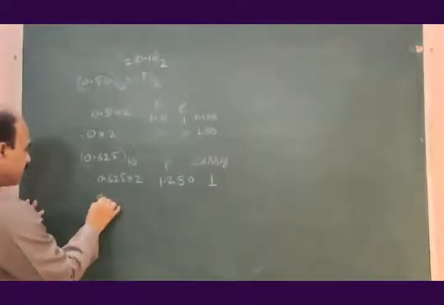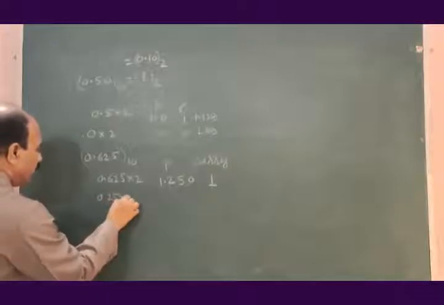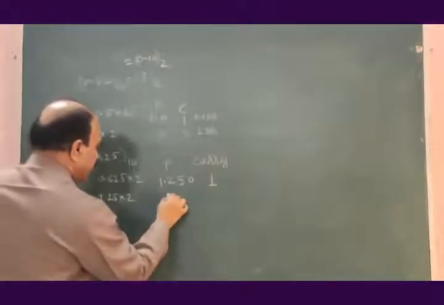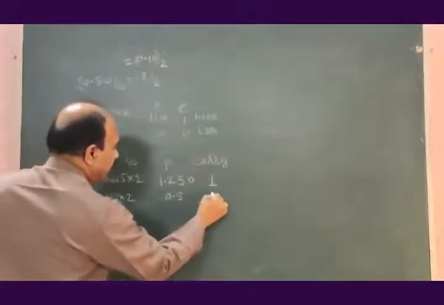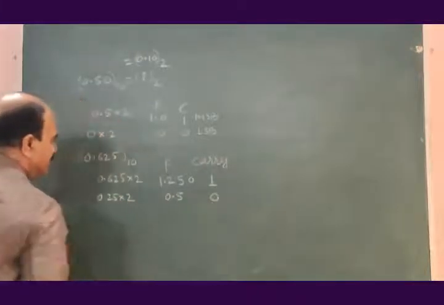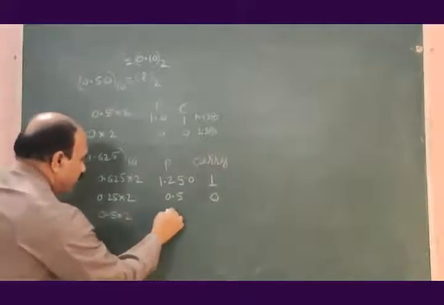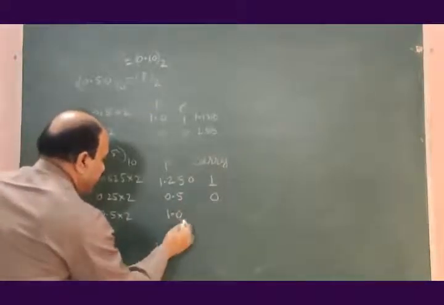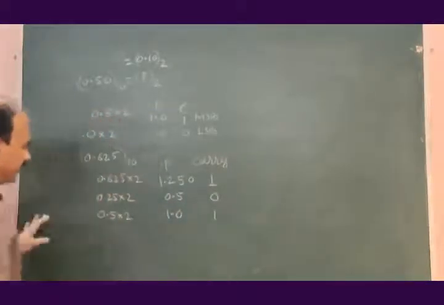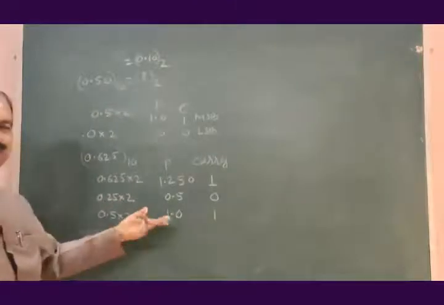Fractional part is 0.25 into 2. Product is 0.5. Carry is 0. 0.5 multiplied by 2, 1.0, carry 1. 0 multiplied by 2, 0.